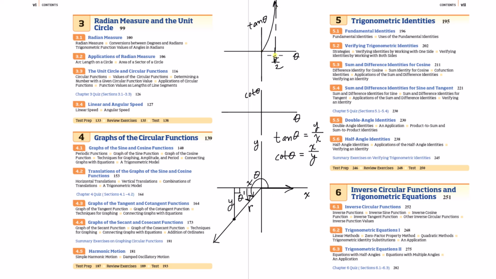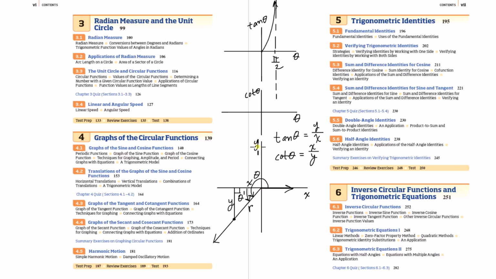Okay, let me extend this. Now, when you cross over pi over 2, what happens with tangent? Well, all of a sudden y is equal to r, and x is really small right when you cross over, but x is negative now. So you've got positive r divided by a tiny, tiny negative number.